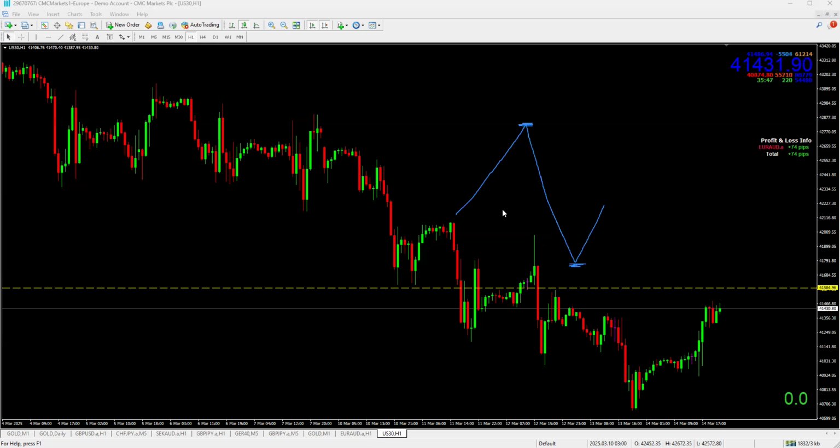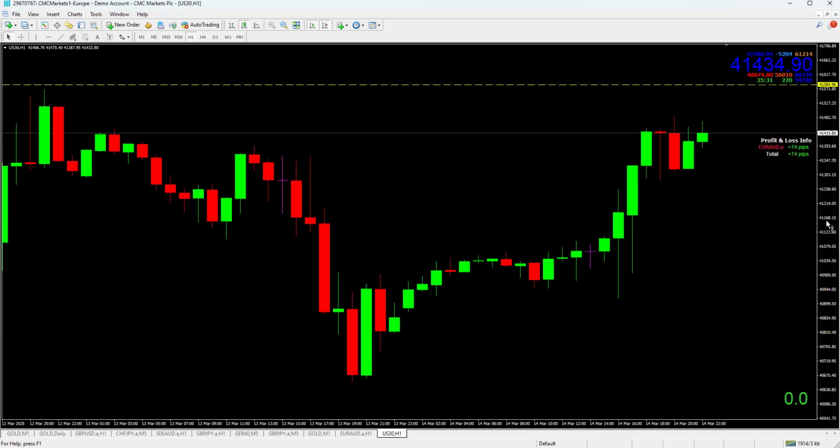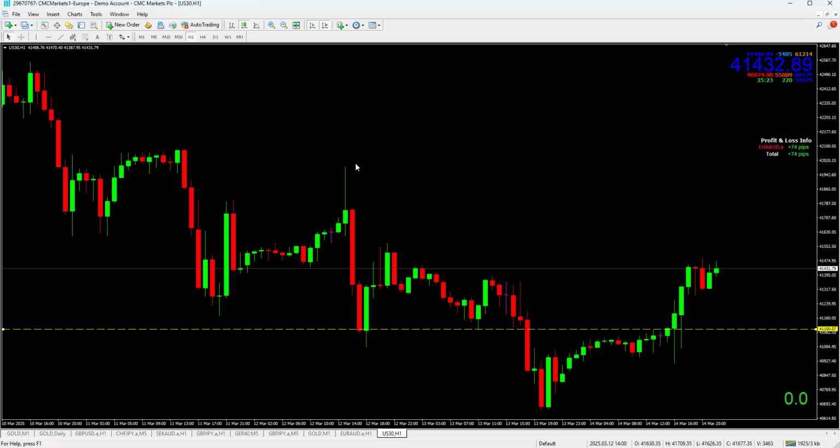Let's zoom in. So here, for instance, you have structure and you have support as well. So what is what?